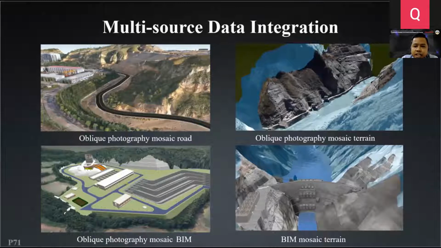Because of this, it will be very good if the Oblique model is integrated with a building plan model. That way, you can know what the condition will be when you wake up. As an example, for road design data, building dams, and so on.